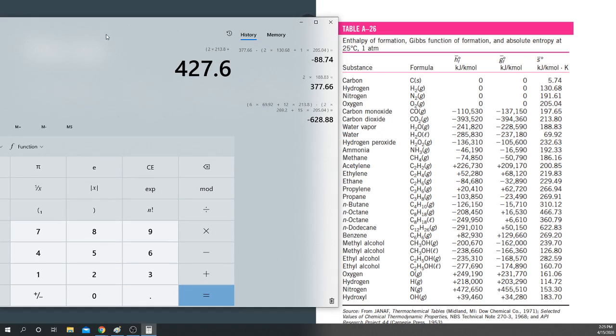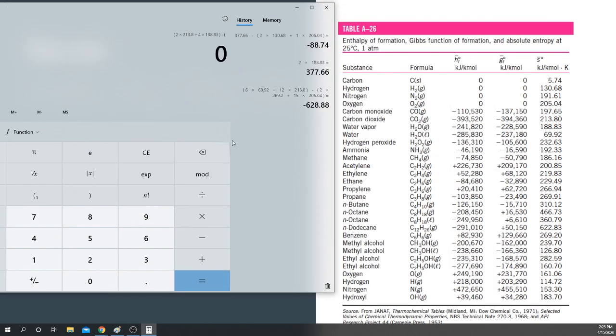Yes, 4 moles of gaseous water. So 4 times water vapor, 188.83. Close parentheses. Minus, open parentheses, 2 moles of liquid methanol, 2 times 126.80.